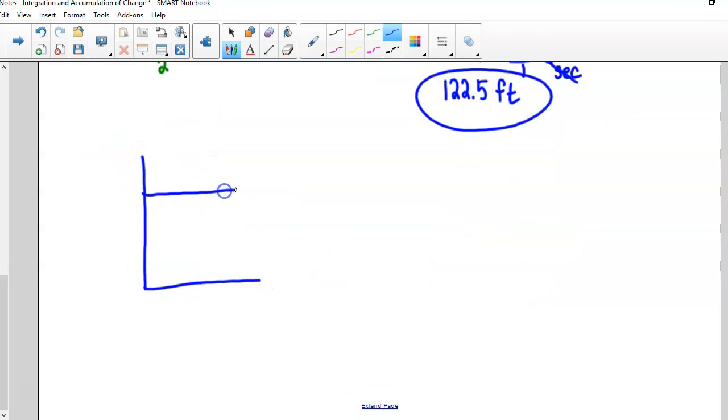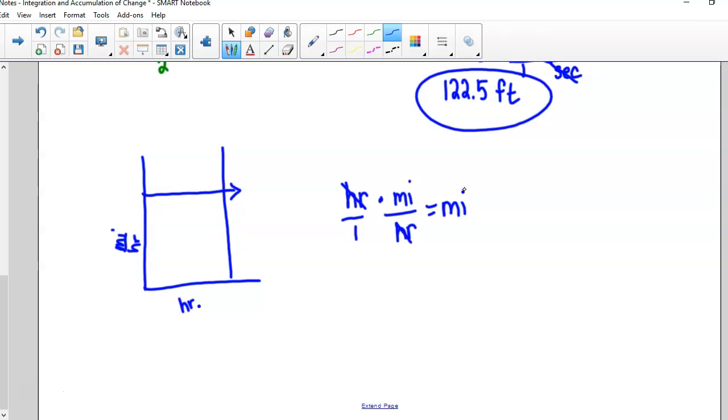Just think of, let's say you had a constant function here, and if this were hours and this were miles per hour, right? If I find the area of that rectangle, I would have to do base times height, so I'd have to do hours times miles per hour, and then that would be over 1. Hours would cancel. It would give me the number of miles that were traveled if I did that.